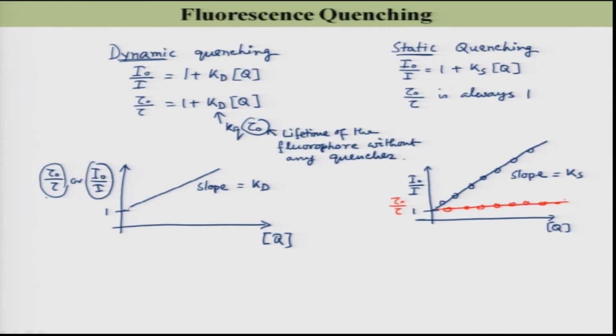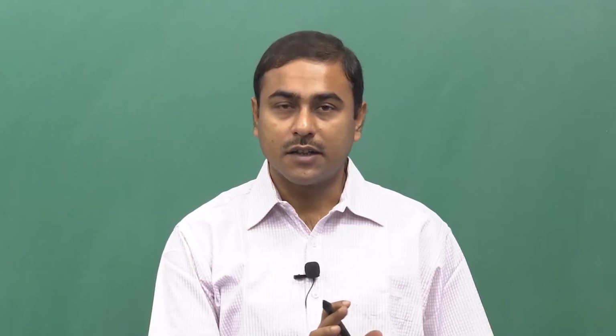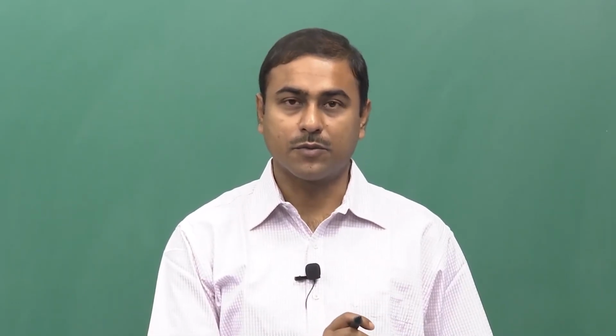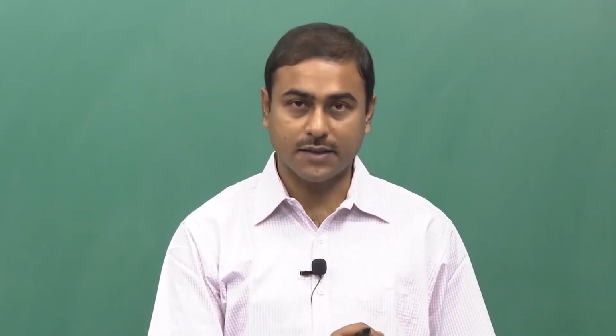As we discussed, this is because of ground state complex formation between the fluorophore and the quencher, and because of this complex formation the system reduces the concentration of fluorophore which can be excited to the excited state.